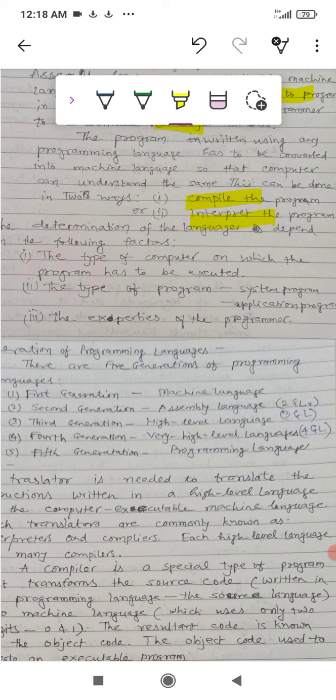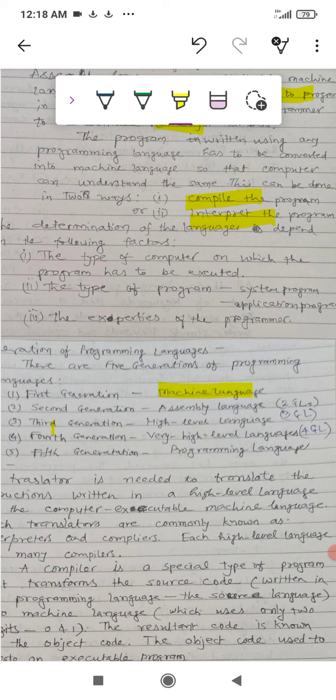And now, creating of program language, there are 5 generations of computer, and in first generation the machine languages were developed.